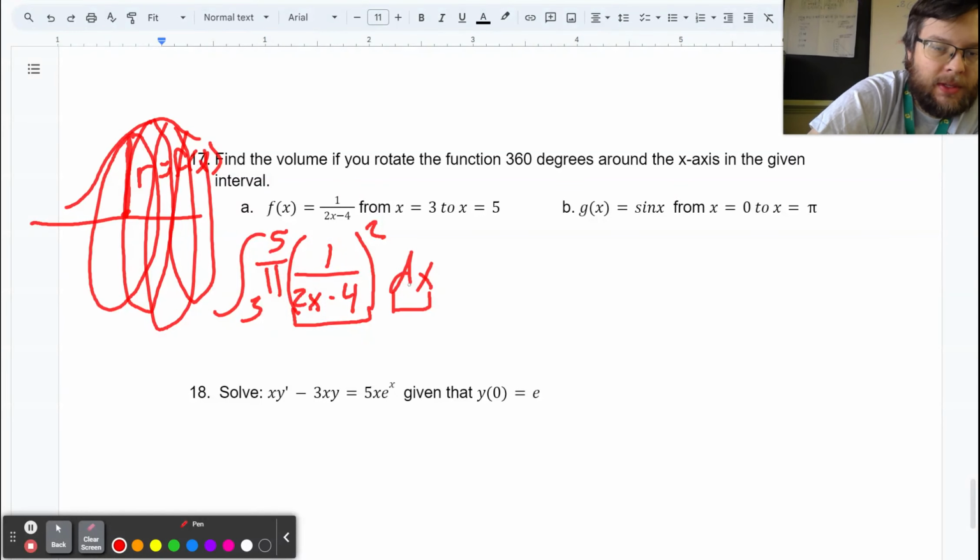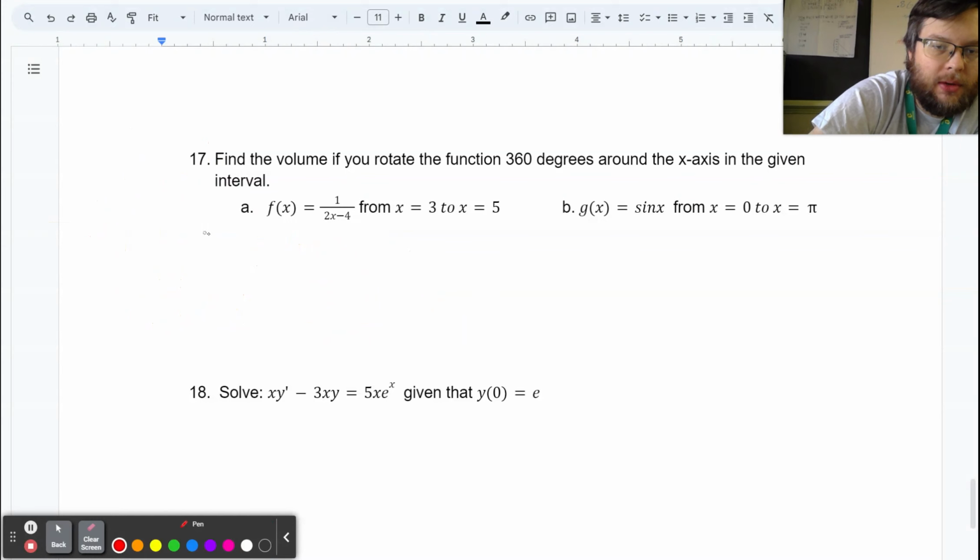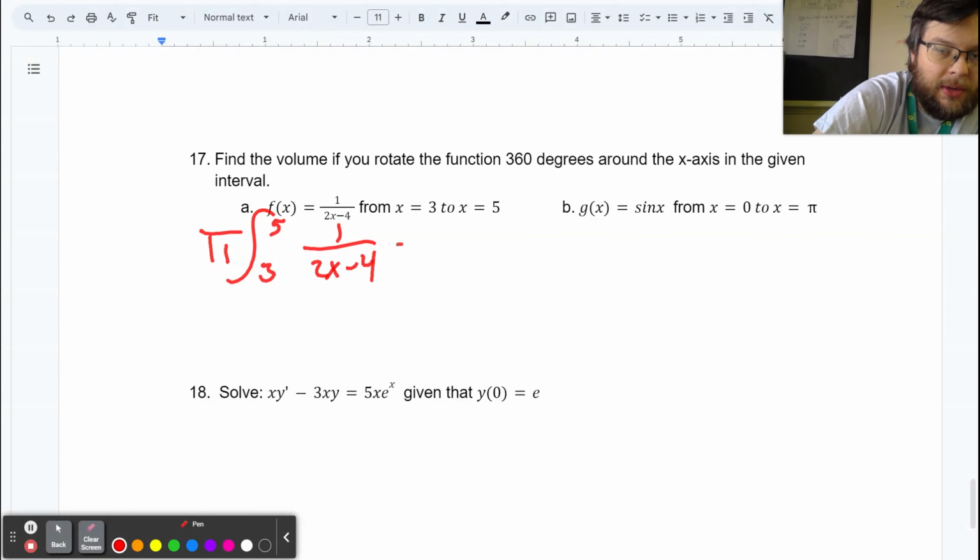Okay, so let's look at this one here. Pi from 3 to 5, 1 over 2x minus 4, dx squared. Let's make a u substitution for 2x minus 4.